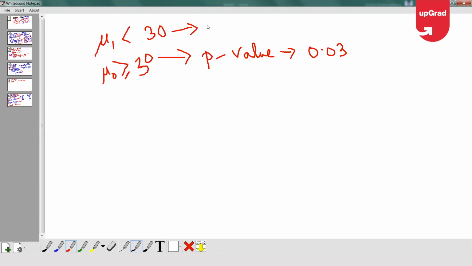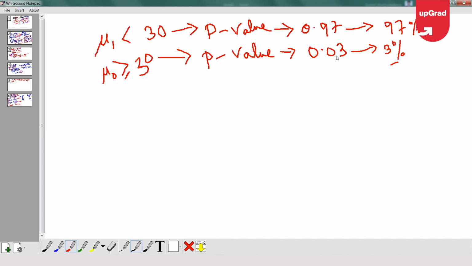Then in that case, the p-value here will be 0.97 or 97%, or 0.03 or 3%, right? If this is the scenario, then what can I do? I can reject the null hypothesis and accept the alternate hypothesis, right?